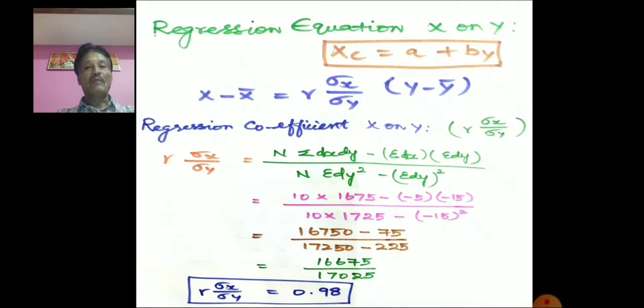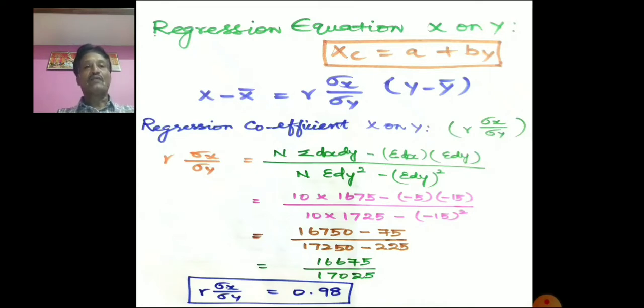And in the denominator, under root, you have two values, that is n into sigma dx square minus sigma dx the whole power 2, into under root of n into sigma dy square minus sigma dy the whole power 2. So from the denominator, for x on y you have to take the y values only. No need to put the root, you take the y values. And for y on x you take only the x values, right?